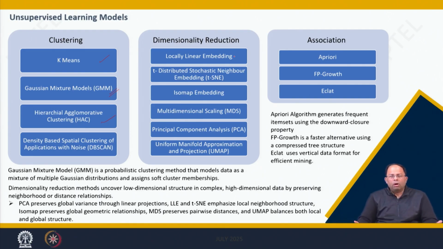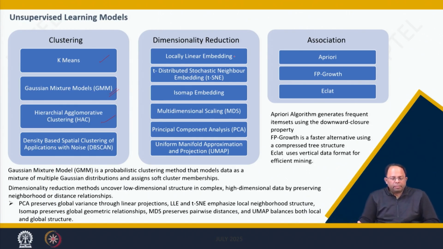Primarily all these models result in more low dimensional structures. That means instead of taking many features, we look into only a few features which have more importance, or which will be able to give better predictions and so on.